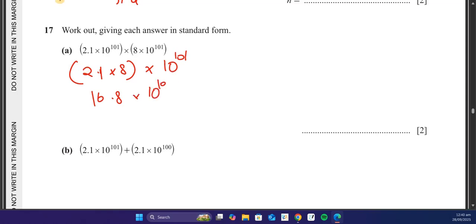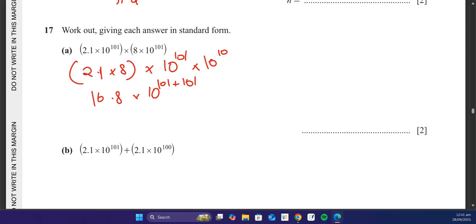Okay, so because the bases are the same, we could just add. Okay, this is the correct one.